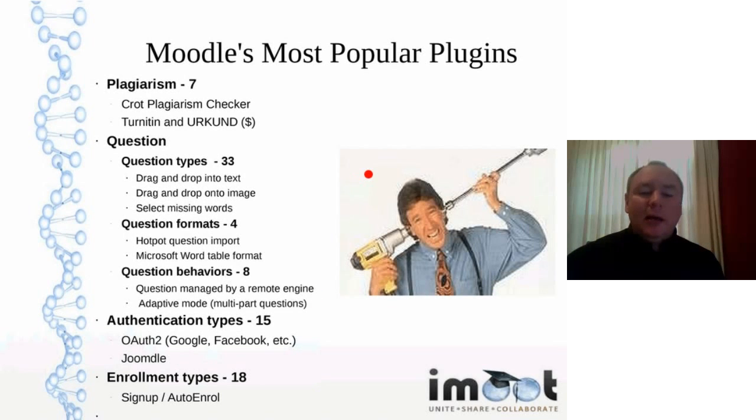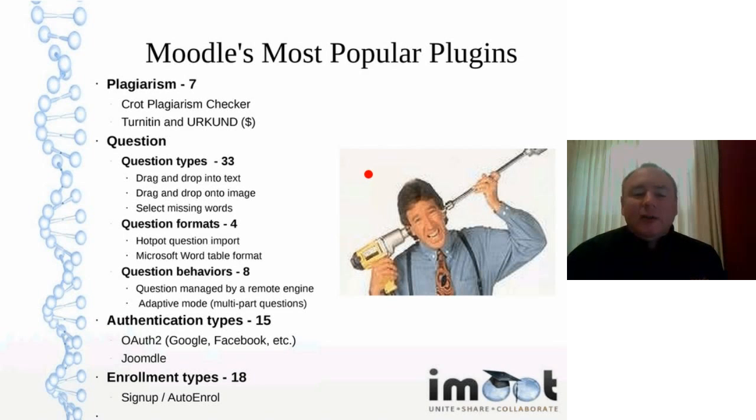Then we move into the Plagiarism API, or the Plagiarism plugin type. Turnitin.com and Urkund are two commercial products.